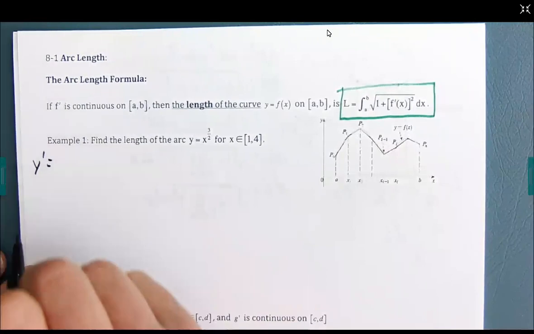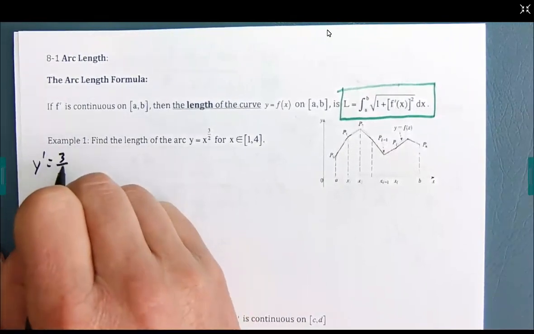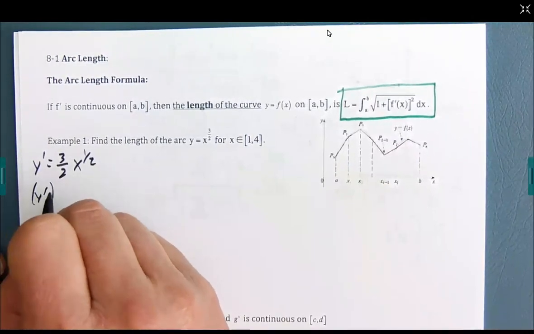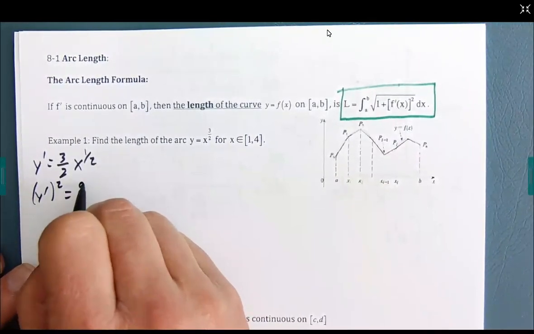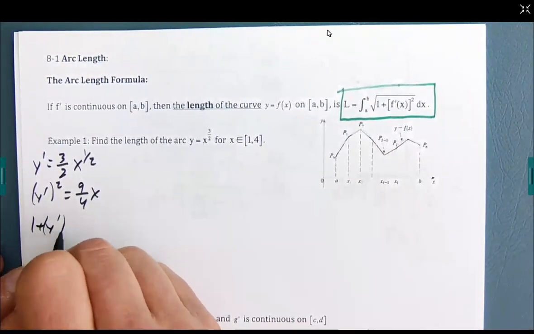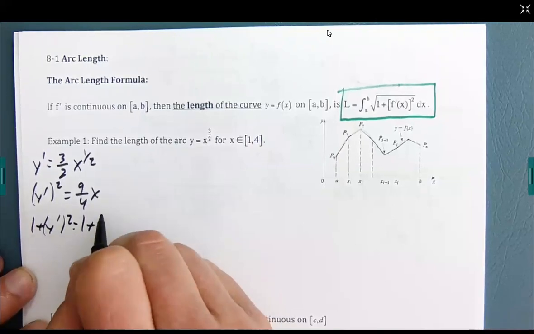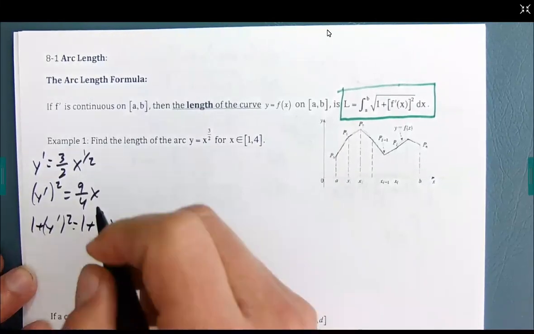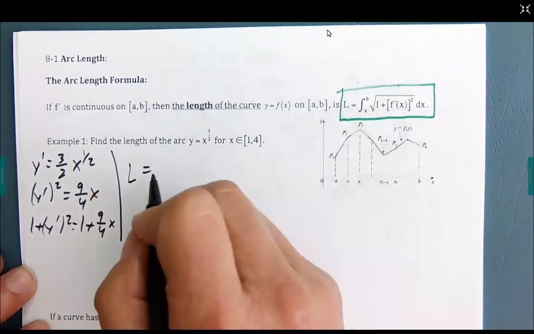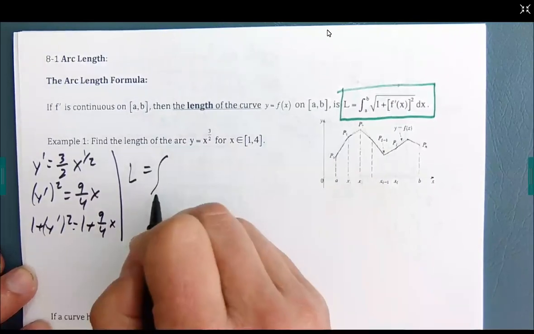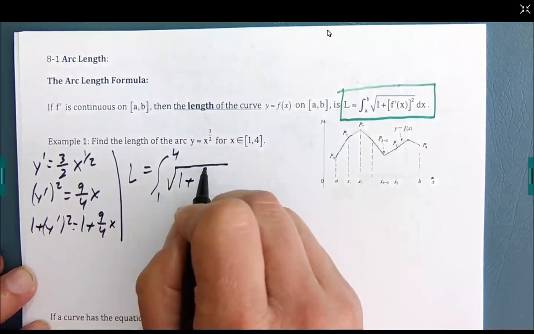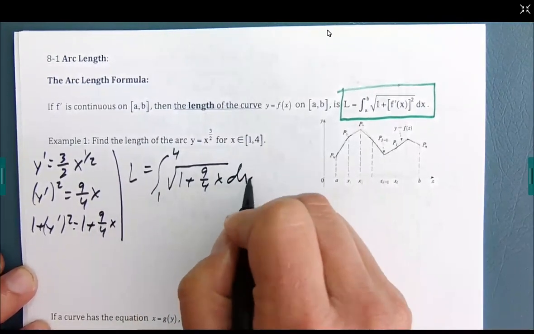So y prime is going to be 3/2 x to the 1/2, y prime squared is 9/4 x, 1 plus y prime squared, which brings us to our formula integral, and we're going from 1 to 4. Root of 1 plus 9/4 x dx.